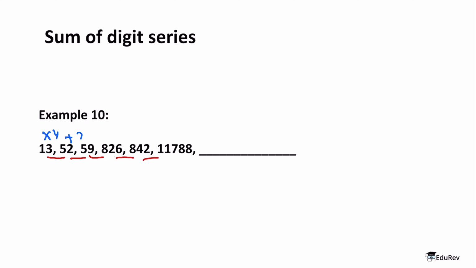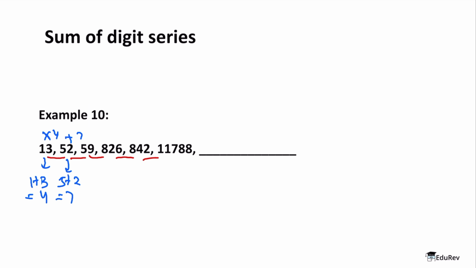Now, how did we actually get these numbers 4 and 7? If we look very closely, 13 is 1 plus 3, which is 4, and 52 is basically 5 plus 2, which is 7. This means that alternately, first the sum of the digits is multiplied to the number, and the next time it is added to it.